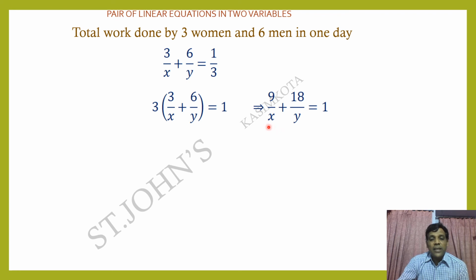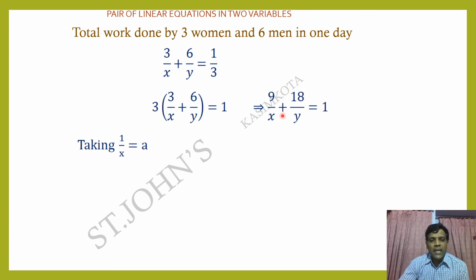Here, what are the reducing terms? 1 by x and 1 by y. So 9 by x is written as 9 into 1 by x, plus 18 by y is written as 18 into 1 by y, equals 1. Are you clear?